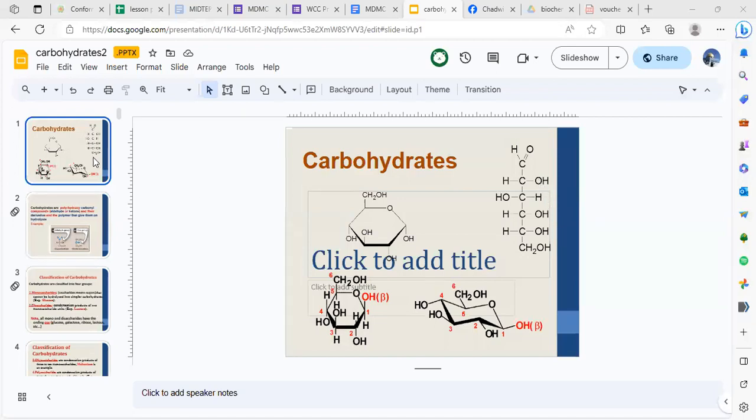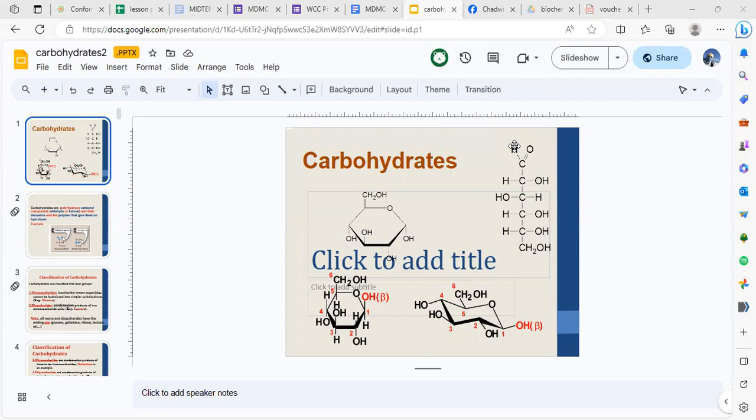Okay, so you see here the structure of glucose. This is the straight chain form of glucose. This is one of the most important monosaccharides, since this is the main molecule we convert to energy, to ATP, in the cytoplasm and the mitochondria.